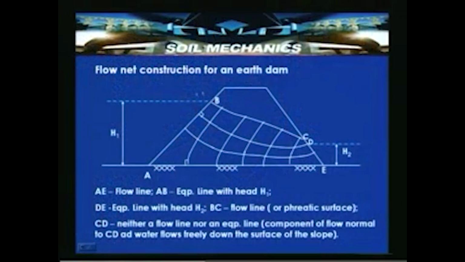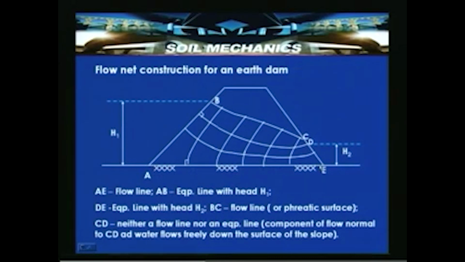Note that since this is an equipotential line, the flow lines have to start orthogonal to it, and they have to meet the equipotential line at right angles. So this orthogonality has to be maintained.